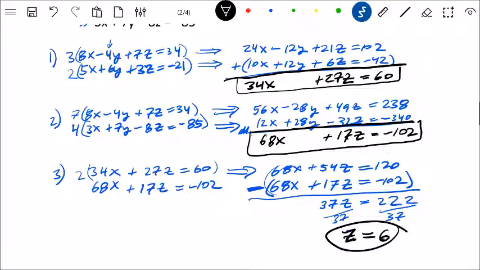So that worked pretty well to get one of these. Now I'm going to take one of these other two equations. I'll take the one that starts off with a smaller number, the 34, and let's figure out the other thing. So I have 34x plus 27z is equal to 60, and z will be replaced by 6.